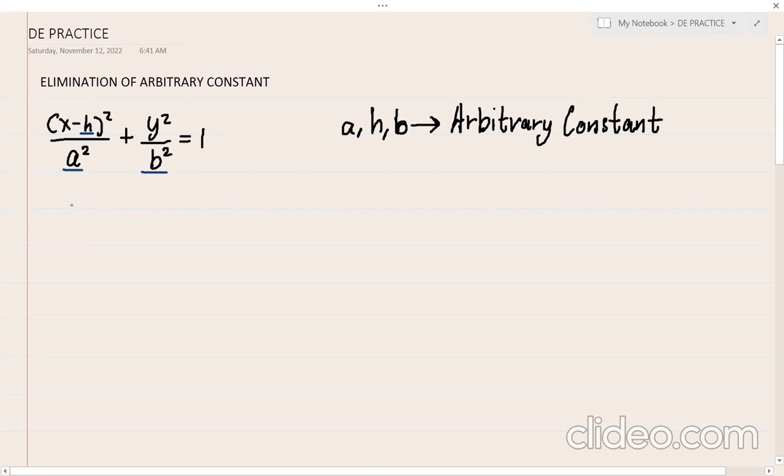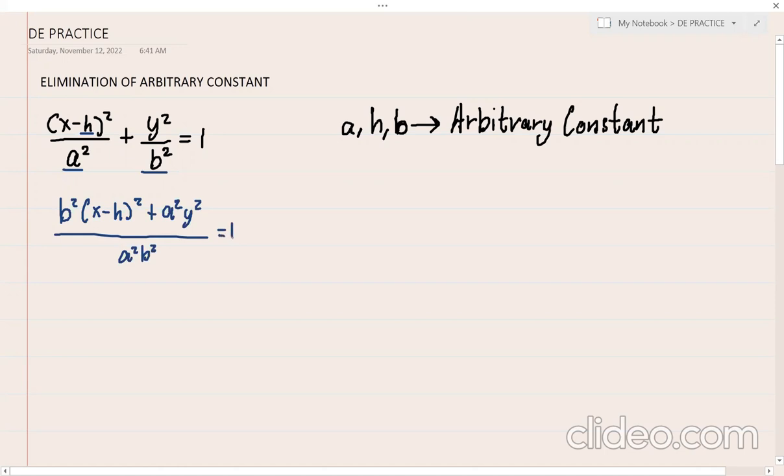On how would you combine terms that at least have one fraction and make it into a whole fraction. So ito, you will have b squared times quantity x minus h squared plus a squared times y squared all over a squared times b squared.